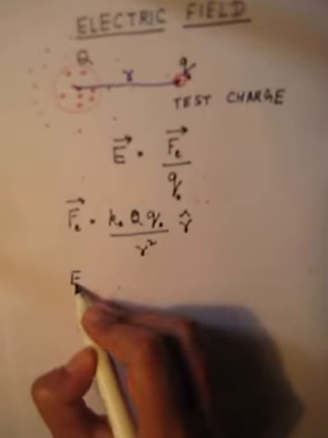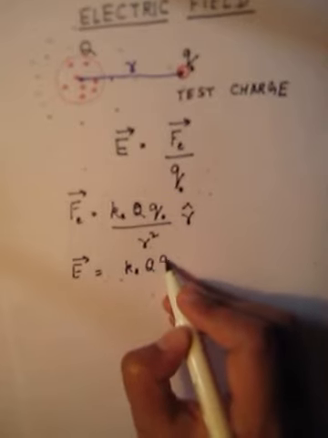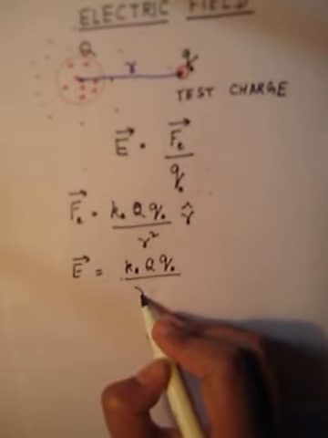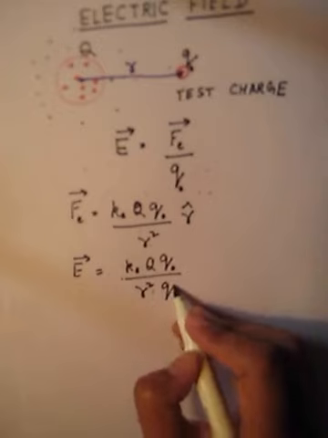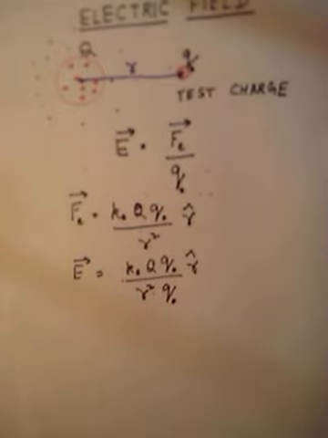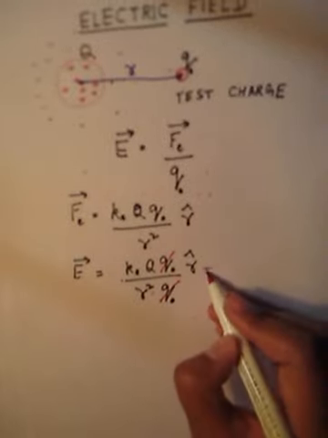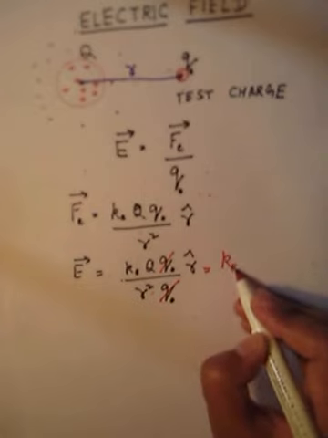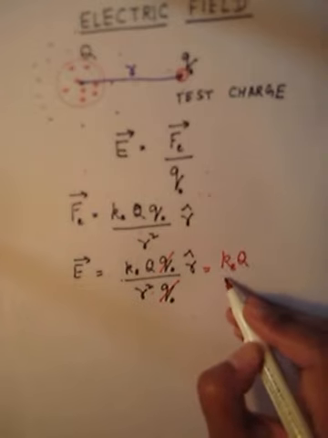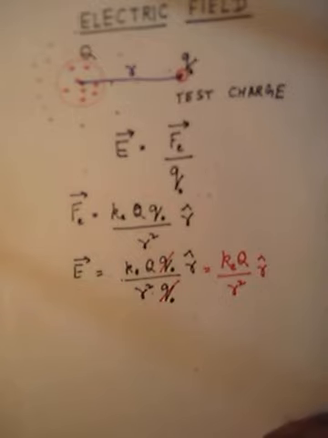So from here the electric field will be given by Ke Q q naught upon r square q naught, and the r unit vector. This q naught and this q naught will cancel and we are left with the Coulomb constant, total charge, r square, and the r unit vector.